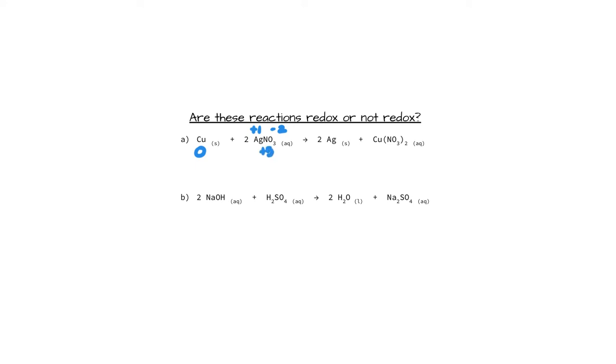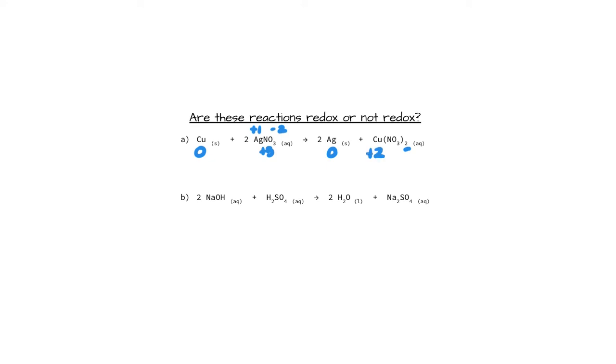Now let's look at what happens on the product side. We know that any monatomic element is a 0, so silver is a 0 here. Copper is a +2 because the 2 that was on this subscript came from the copper, so I know that copper is +2.